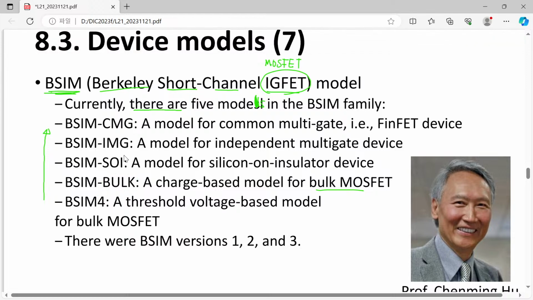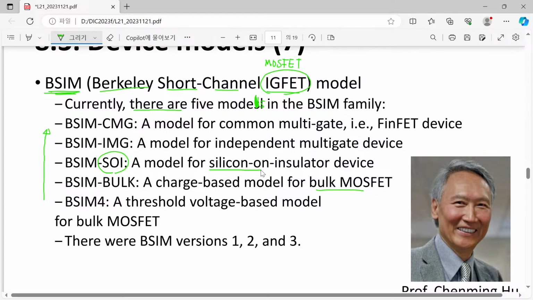And you know that instead of this bulk one, we have a different flavor matched to the SOI device. SOI means that instead of a bulk substrate, we intentionally introduce a certain thick oxide layer. After that, we grow a very thin silicon layer.